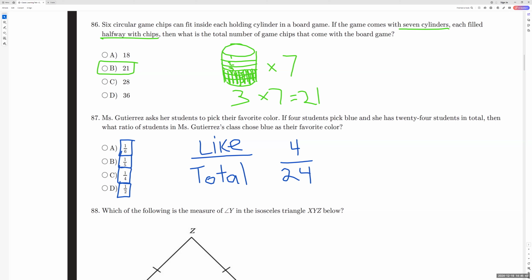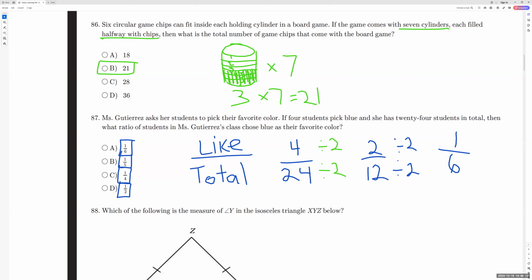So let's start dividing by the same number, both the top and the bottom of the fraction. So we divide by 2 first because they're both even. And when we do that, we can see that that is going to be 2 over 12. All right, let's divide by 2 again. We can divide by the same factor, the top and the bottom, then we're simplifying the fraction. 2 divided by 2 is 1, and 12 divided by 2 is 6.